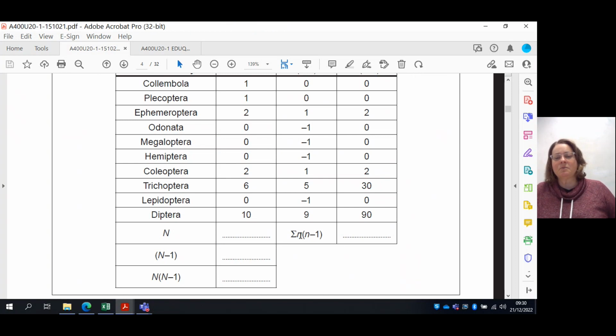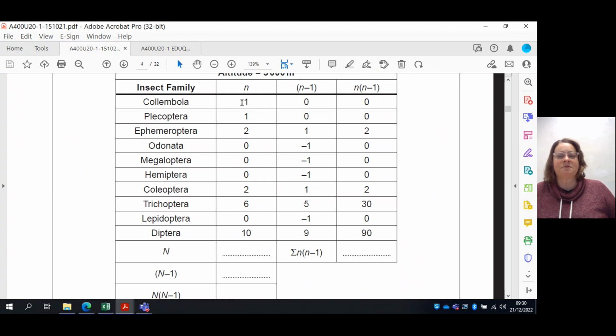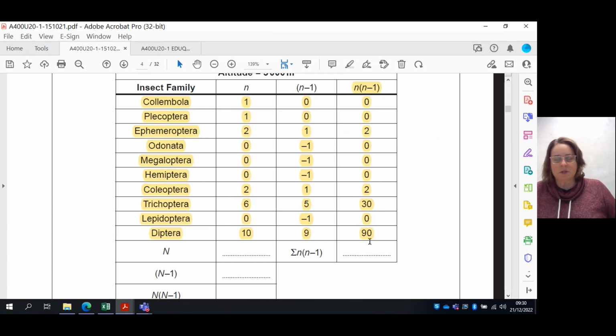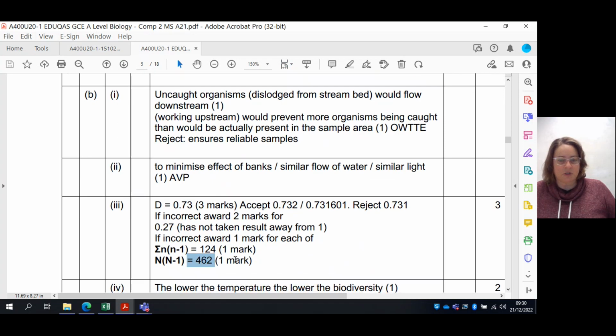To get to your sum of lowercase n times n-1, that was your individual. How many do you have? n-1, and then n times n-1. And yes, if you're timesing by 0, it's going to be a 0. Adding that column on the edge up is going to give you the total that you require here for your lowercase n times n-1 all summed up, and that should give you the 124.